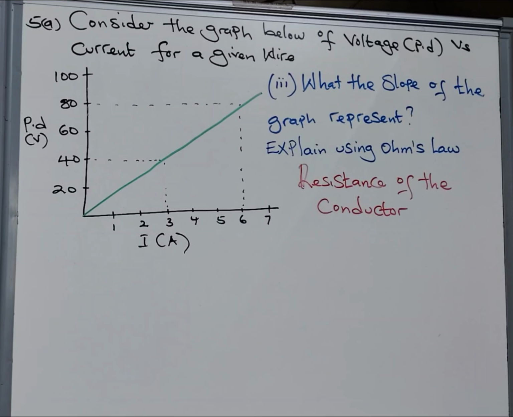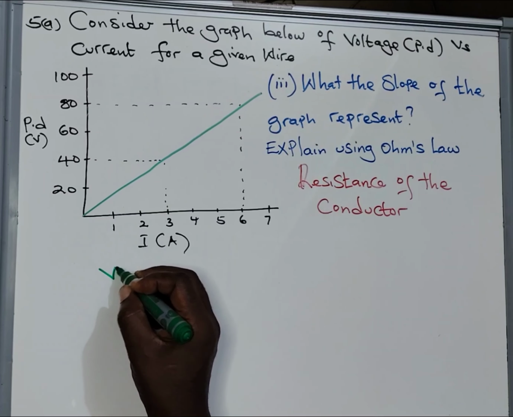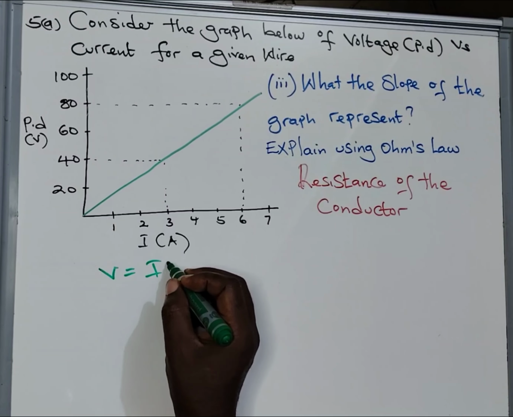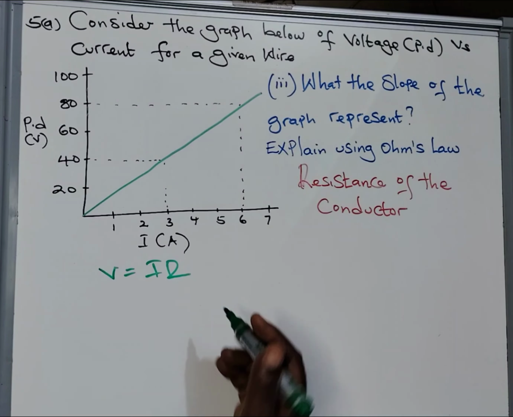Here, we go through Ohm's law, and we know that from Ohm's law, V is equal to IR. So what does that mean?